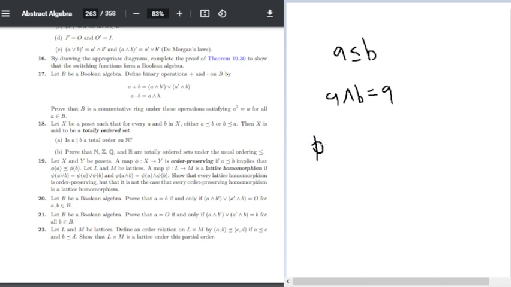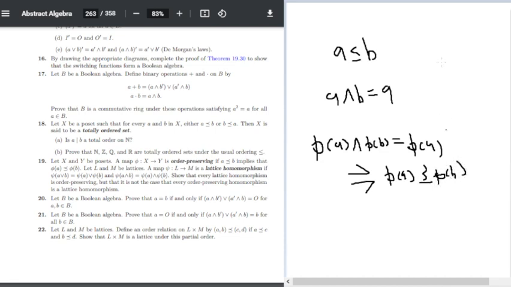So phi of a meet phi of b is equal to phi of a, which implies that phi of a is less than or equal to phi of b.